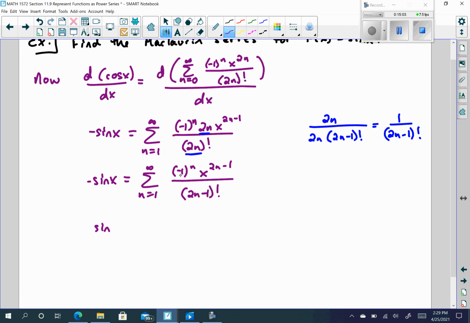Right now, this would be negative, so if I divide that by a negative, it's now going to become positive. So I'm going to say n goes from 1 to infinity still. So I'm going to have negative 1, and I need this to be positive, so I'm just going to do an n plus 1, because now that'll give me a negative 1 squared, which will give me a positive 1, and everything else still stays the same.